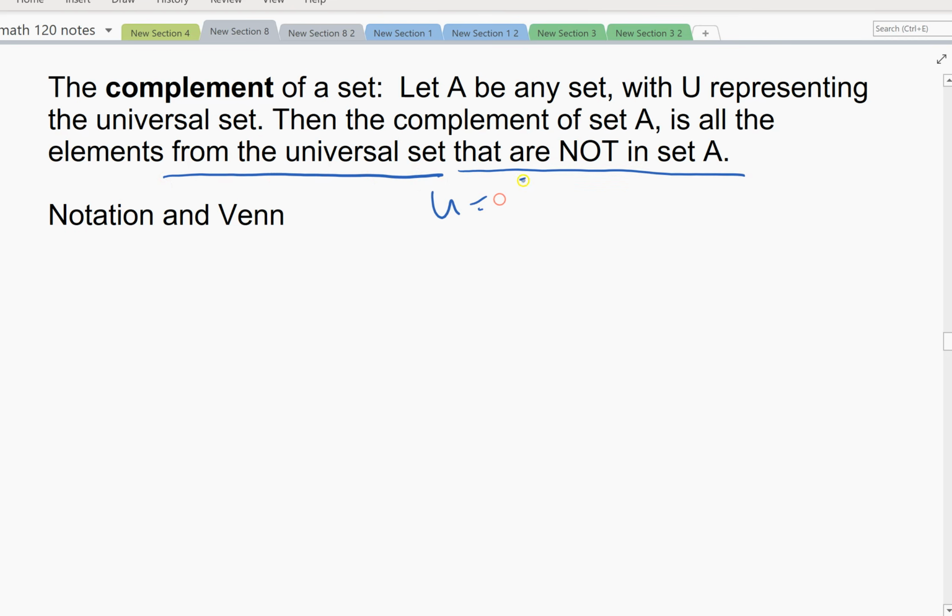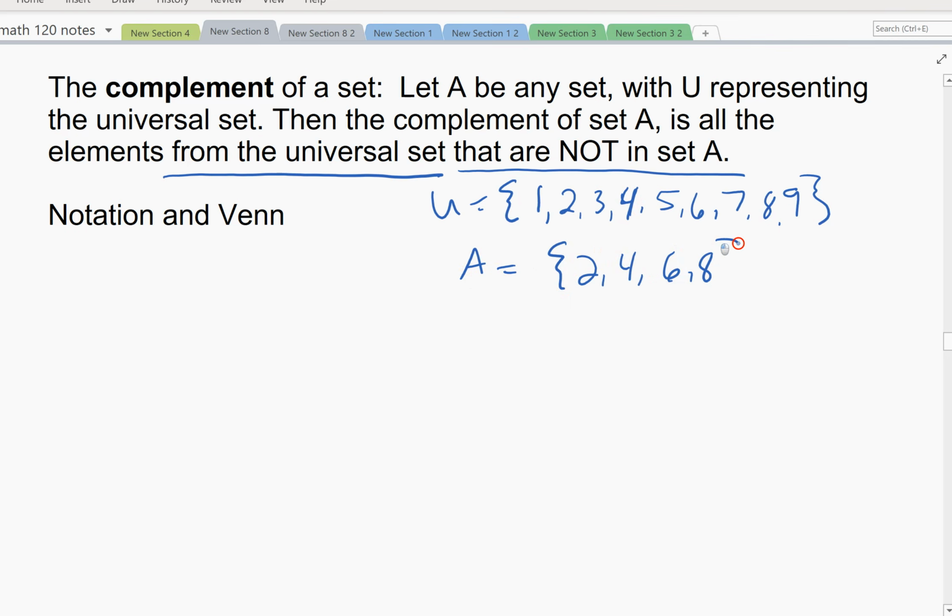Alright, so I'm going to write down my universal that we've been using. So the universal, if you remember, were the numbers 1 through 9. So 1, 2, 3, 4, 5, 6, 7, 8, and 9. Set A was the numbers 2, 4, 6, and 8. Alright?